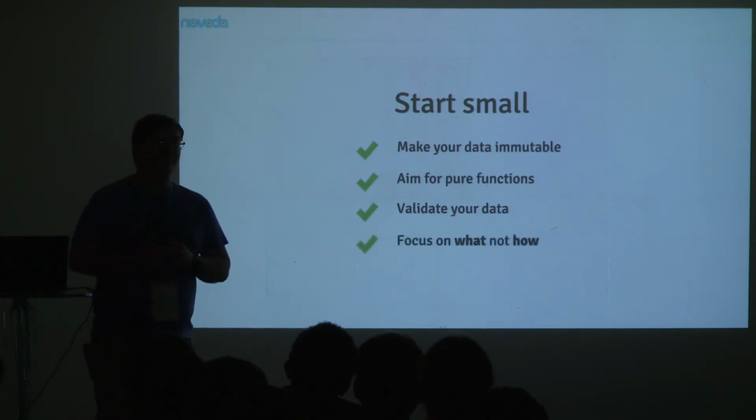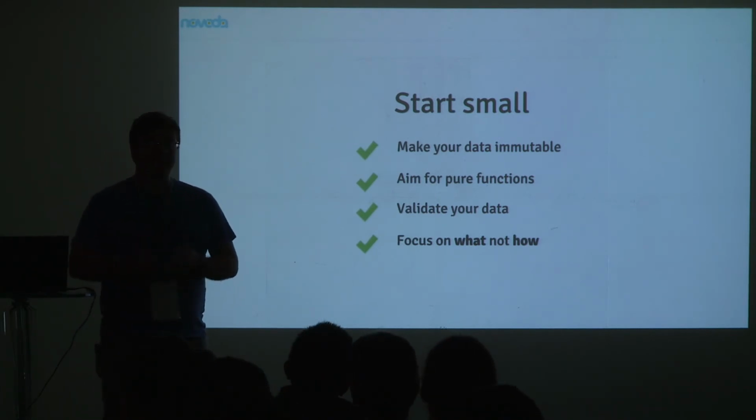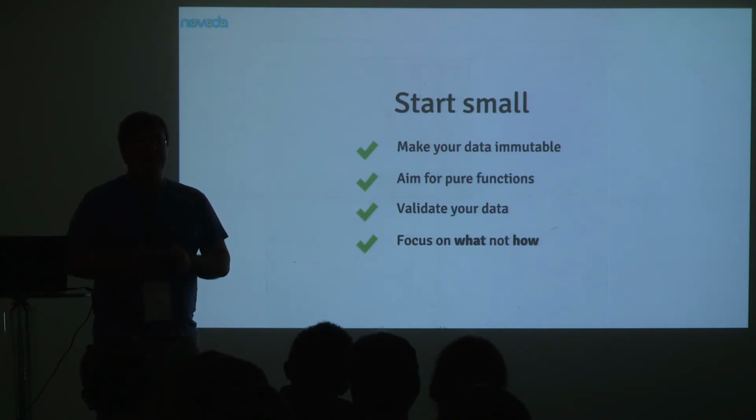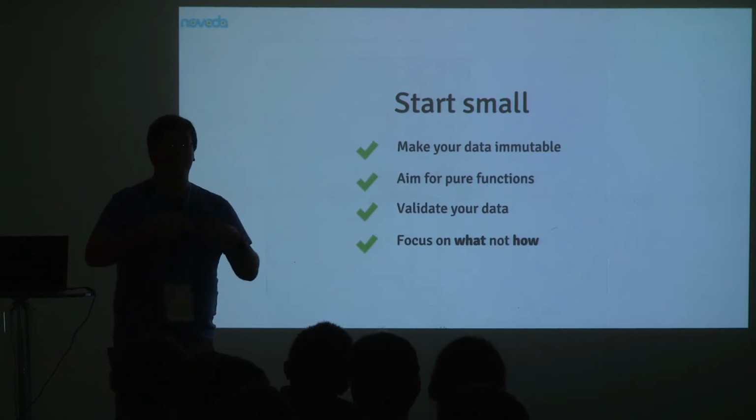And keep in mind, focus on what you're trying to achieve, not how you're trying to achieve it. I know that this might be a bit overwhelming because it's easy to get carried away in, I'm doing this, this is amazing, I'm writing my small piece of code. But what you're trying to do is not iterate through a list. You're trying to find something for your user. You are trying to extract some form of information out of it.